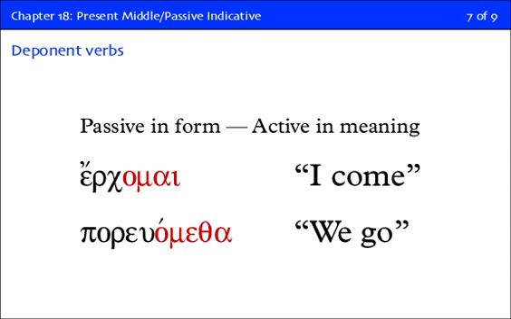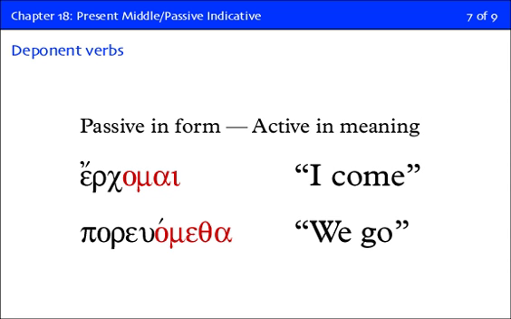For example, erchomai is a deponent verb, and its ending is omai, which is a primary passive personal ending. But it's a deponent verb, so even though it's passive in its form, it's always active in its meaning. Erchomai means I come or I go.